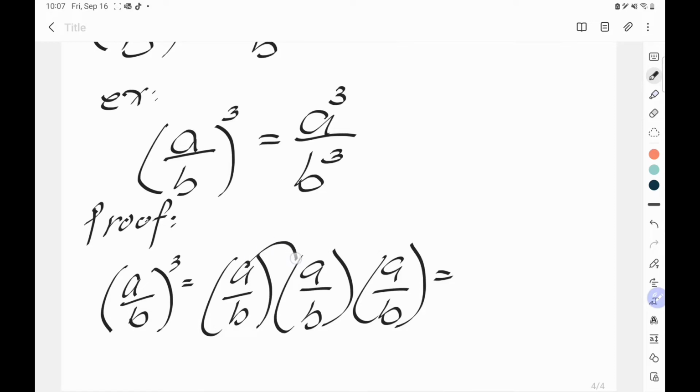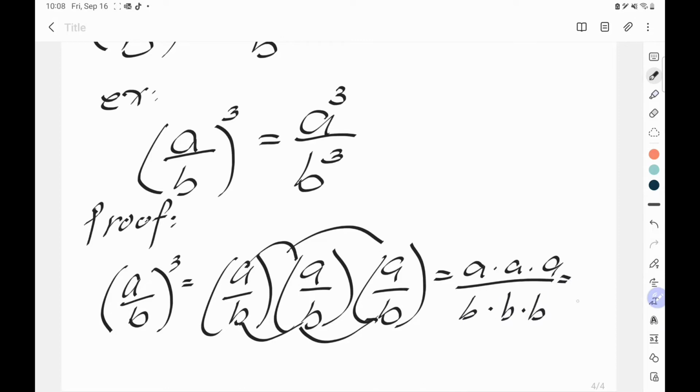So a times a times a, and we have b times b times b. So when we are multiplying fractions, we multiply the numerators by themselves and we multiply the denominators by themselves. So the denominator becomes b cubed, and the numerator we have a cubed. So we're able to prove the fifth law.